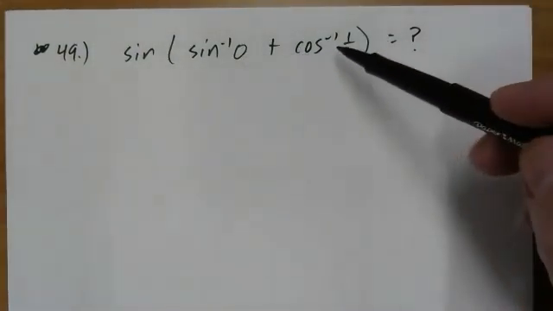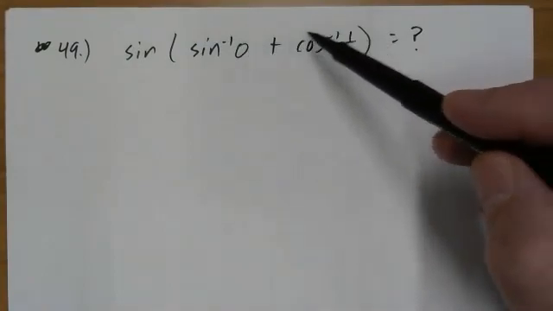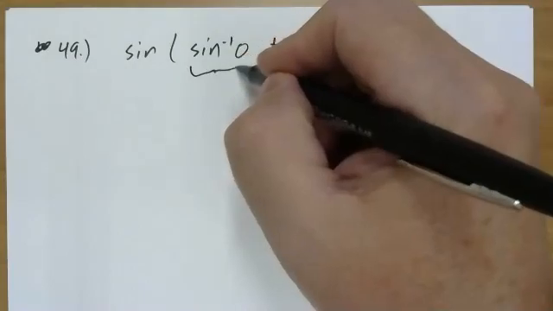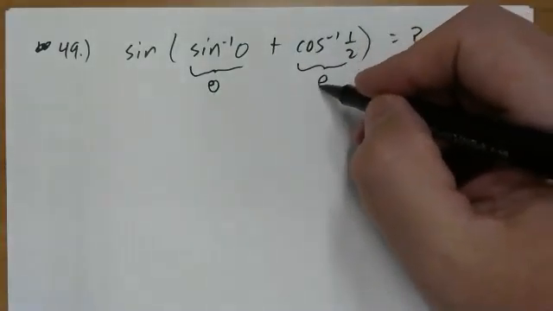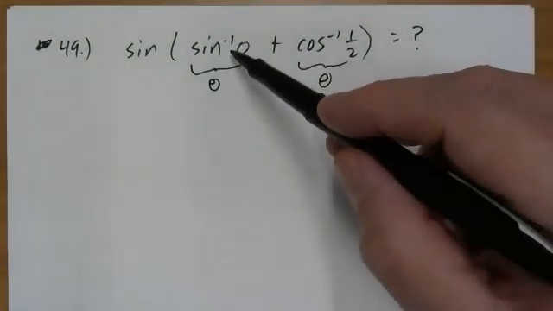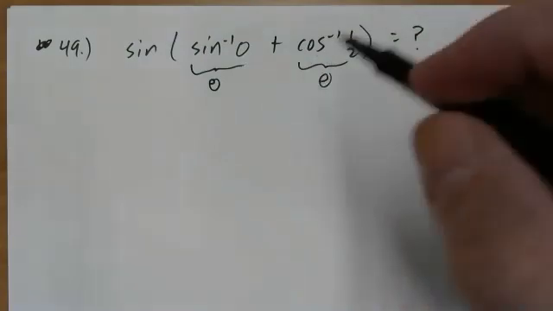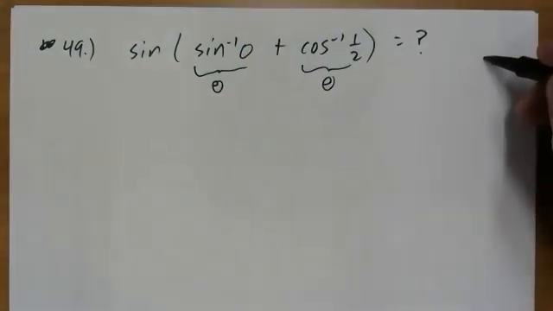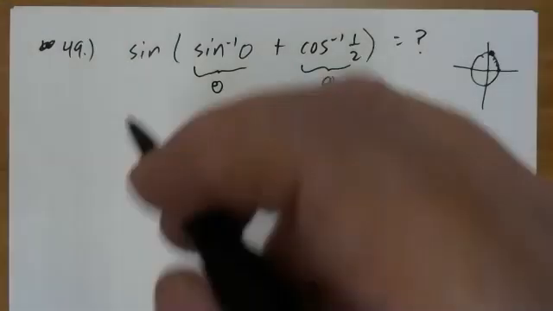Now inside here I have inverse trig functions, but remember, anytime you have an inverse trig function, this result is an angle. I actually know what the inverse sine of 0 is, right? Inverse sine of 0 is, what's the angle where the sine is 0, and I can only look on this side. Well, obviously it's 0.